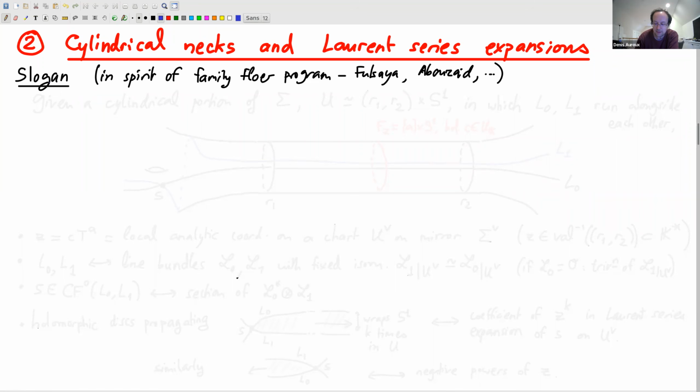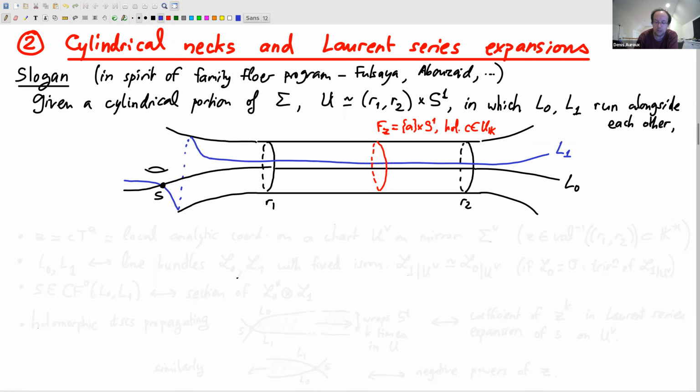The idea there is that it's advantageous to think of Floer homology with a family of circles, or more generally of tori in higher dimensions, as a way of testing what happens at different points of a mirror.